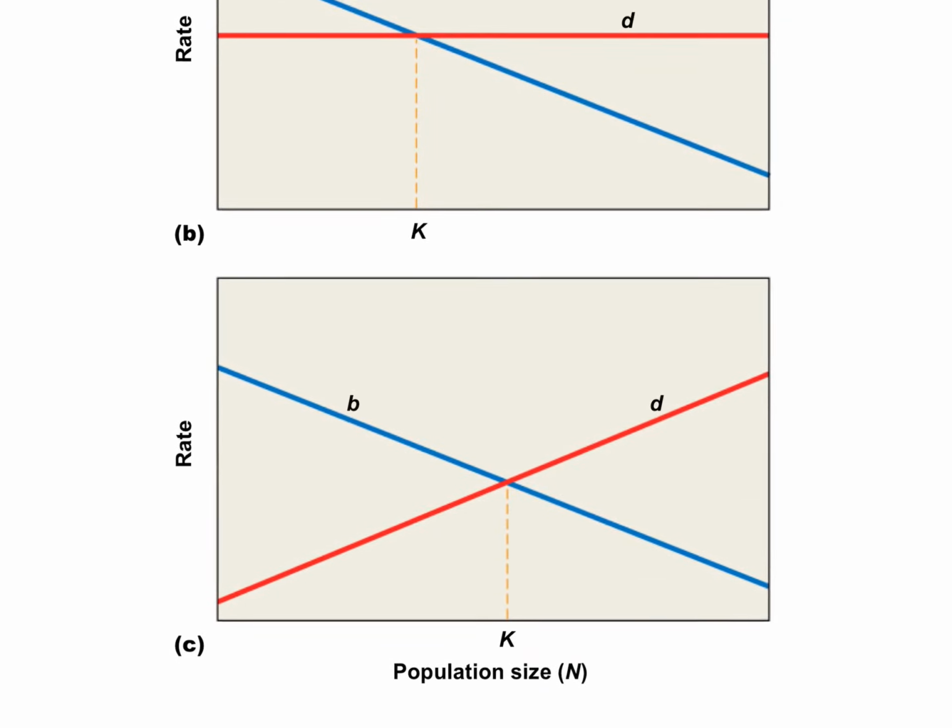Now, in C, we have full-on density-dependent regulation where both birth rate and mortality are density-dependent. You see that as population density goes up, our birth rates decline and death rates increase. But again, the intersection of those two, where births equal deaths, that's our carrying capacity, and that's where we have basically a zero rate of population increase because they cancel out completely.